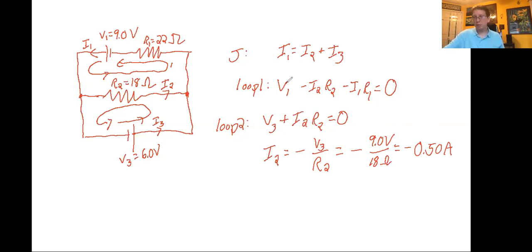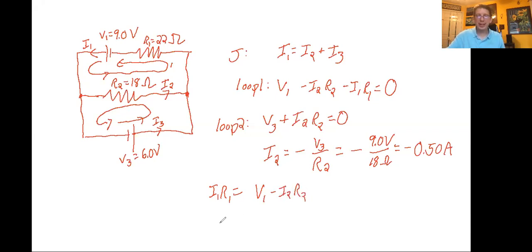And if you look at the loop 1 equation, since we now know I2, there's only one unknown, and that's I1. So you have I1 R1, just adding that to both sides of the equation, is equal to V1 minus I2 R2.